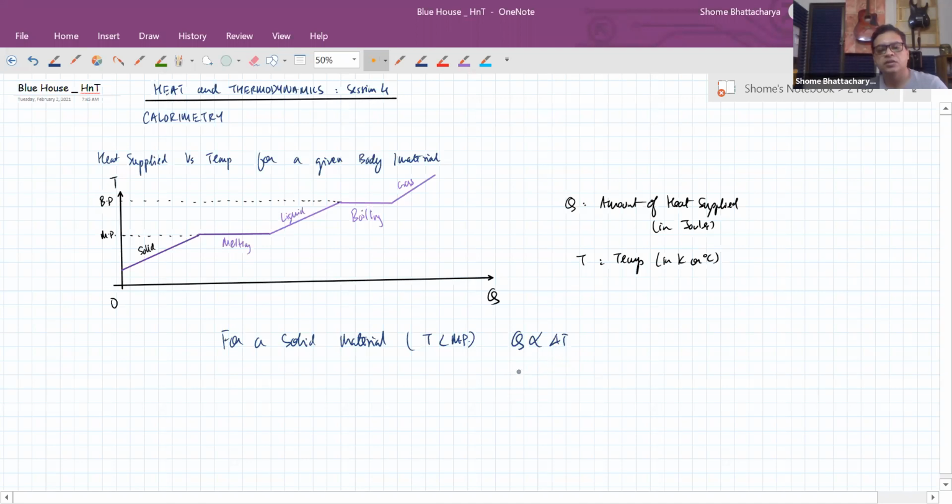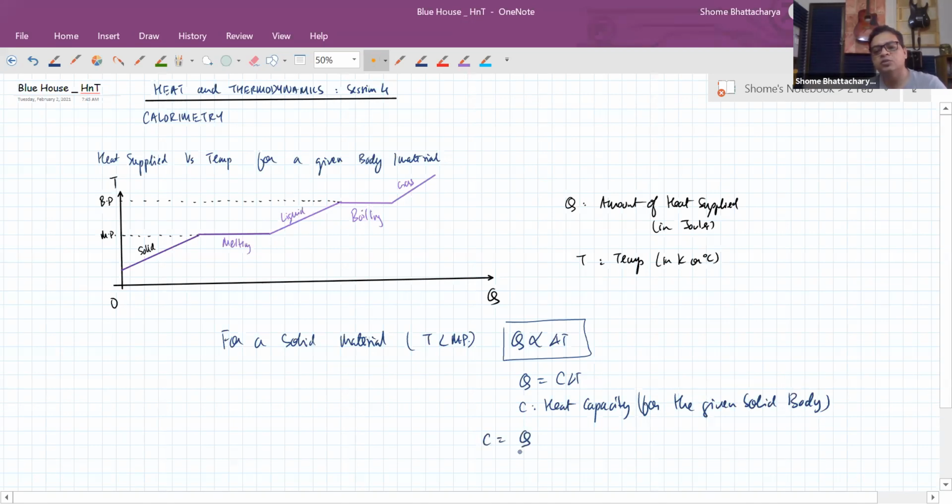Now, in this relationship between the two, there is a constant, and this constant is called the heat capacity for the given solid body. So heat capacity is basically Q upon delta T. Heat capacity is defined as the heat supplied per degree change in temperature.